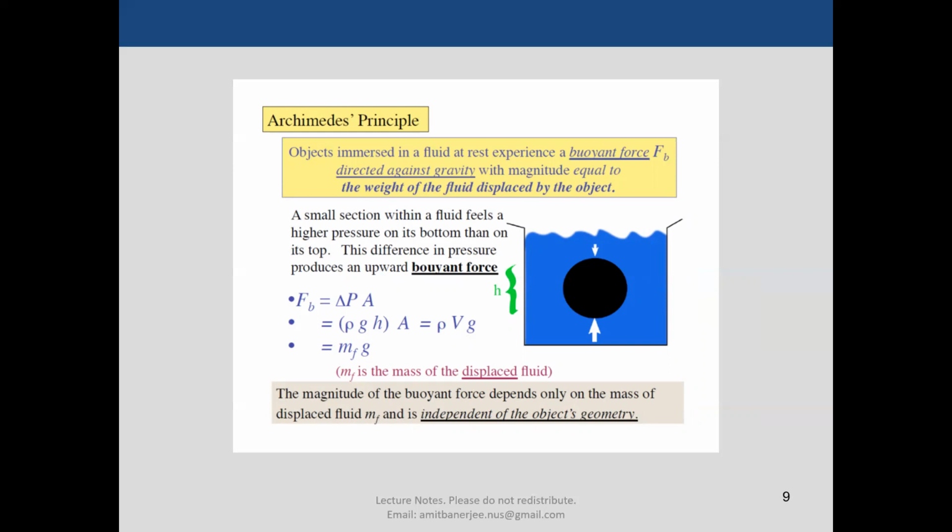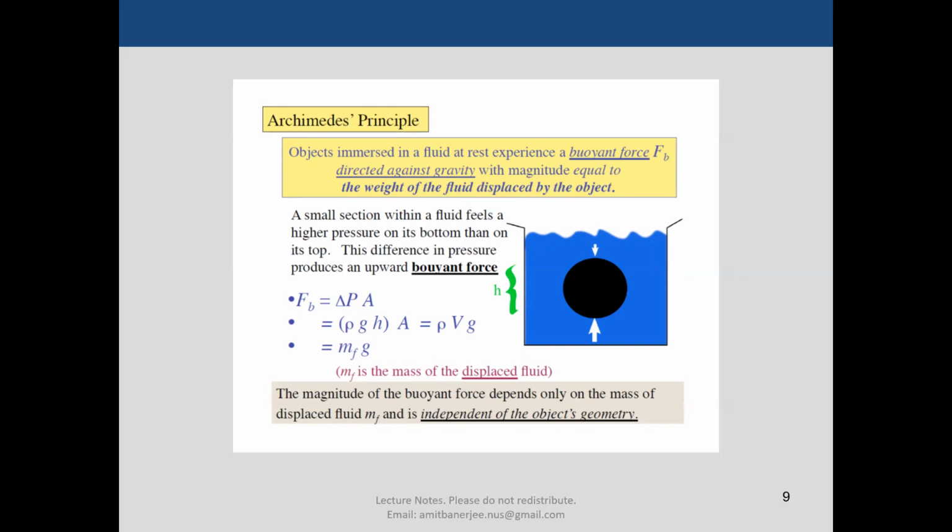The interesting principle is Archimedes' principle. Objects immersed in a fluid at rest experience a buoyant force, Fb, directed against the gravity, with the magnitude equal to the weight of the fluid displaced by the object. What it means is any object, if you dip it in any fluid, say water, will feel some kind of resistive force against the gravity.